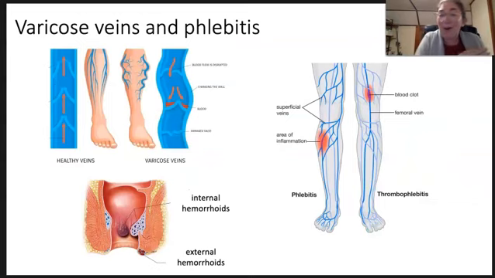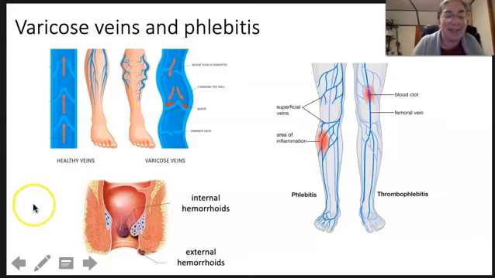And then, so that was all the diseases of the arteries, of the arterial system. Now for some diseases of the veins. Really, it's just one slide. And so varicose veins and hemorrhoids are actually the same thing. They are swollen veins.